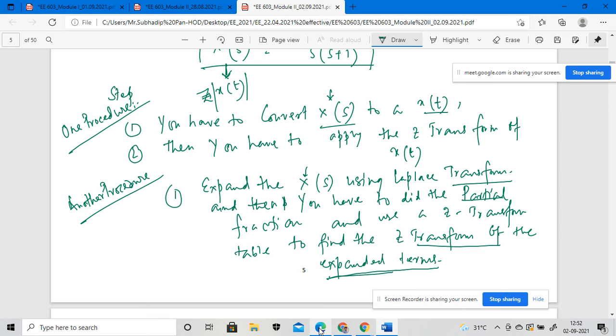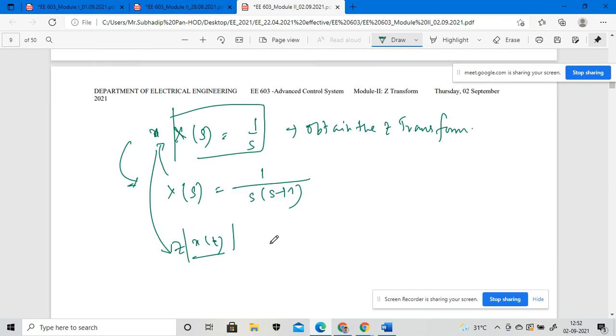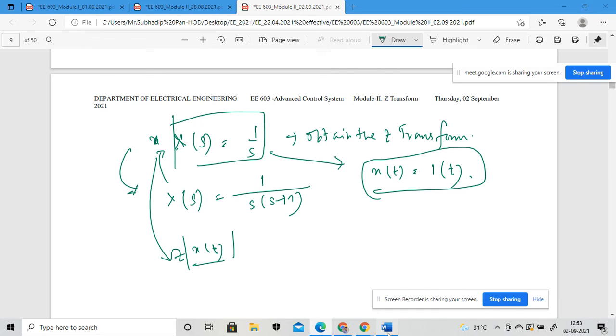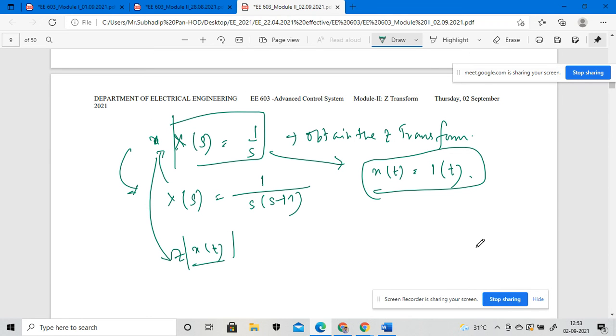If we bring the x of t, that will come 1 of t, right? And if it is an x of kt function, then it will come 1 of k, right?